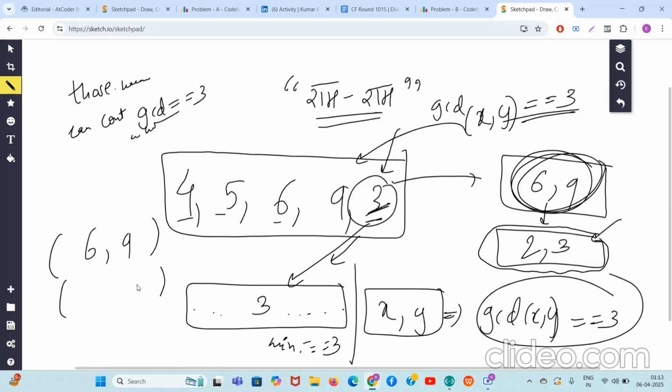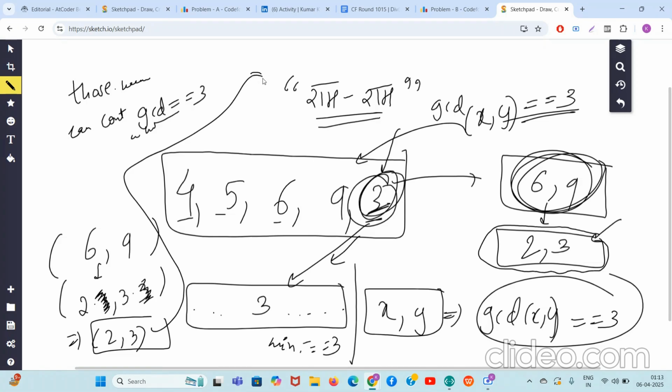Both have 3 as their GCD, right? It is nothing but 2 into 3, 3 into 3. Whatever this common number was, I divided it from both of them. So now it is 2 comma 3, and 2 comma 3 are co-prime numbers. Their GCD is 1.